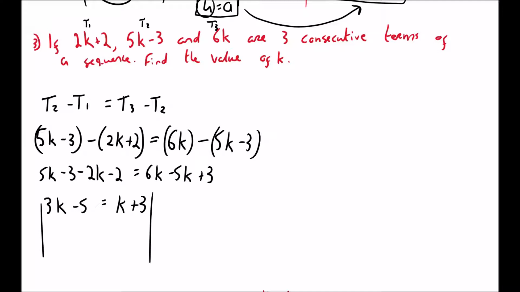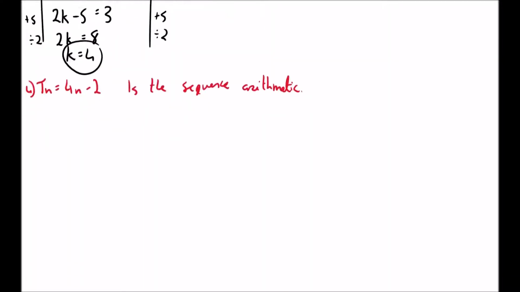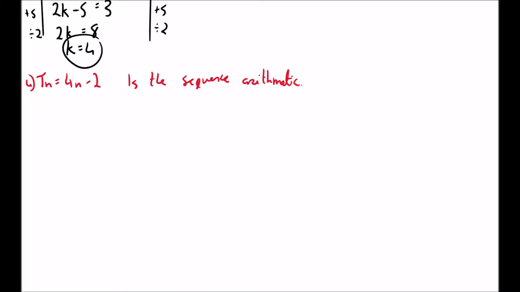If we take k from both sides, we have 2k minus 5 equals 3. We add 5 to both sides, get rid of 5, we have 2k equals 8, and divide by 2, we get k equals 4. There we go.